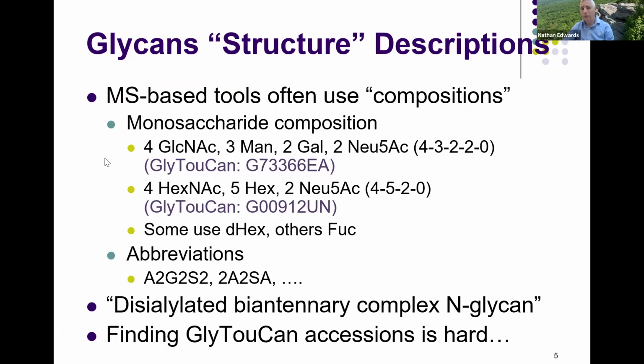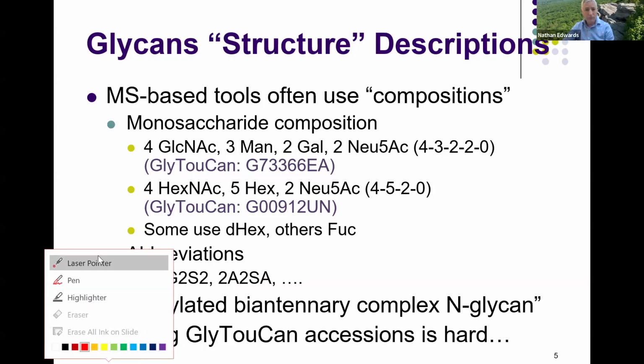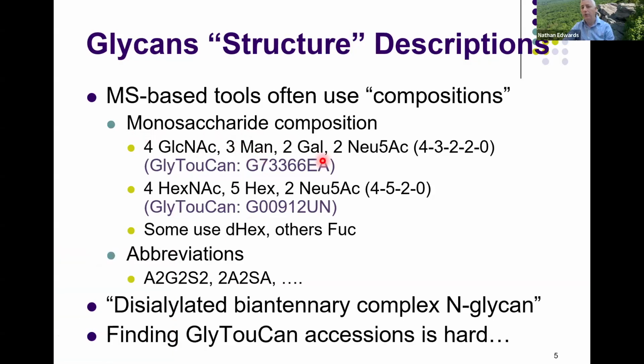Often the mass spec-based tools give us monosaccharide compositions, typically not in this first form, where we are separating the mannose and galactose hexose residues, but more typically in this second form, in which we don't distinguish the different hexoses and HexNAcs that have the same mass. But each of these has different GlyTouCan accessions. How are we going to navigate that?